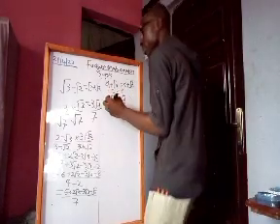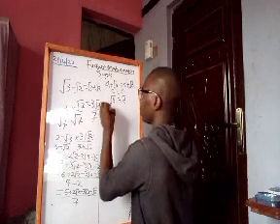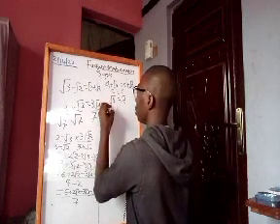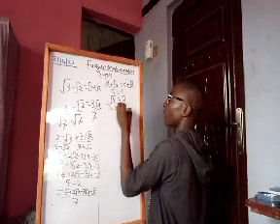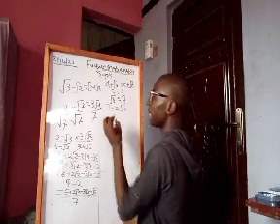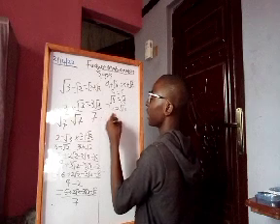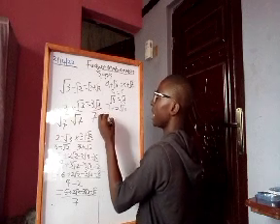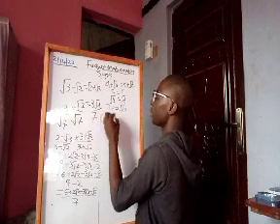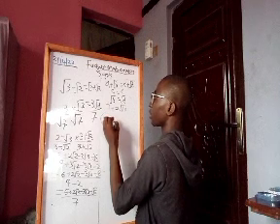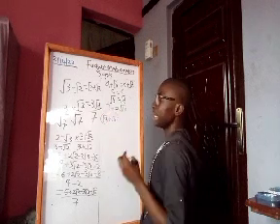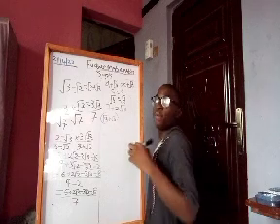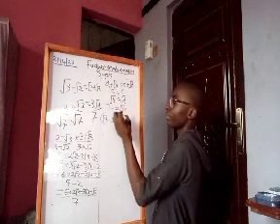Now this is 7 plus 2 root 10. Let's say the square root of this is root a plus root b. Imagine that this is the square root. Now when you want to convert from the square root to the square, you square.